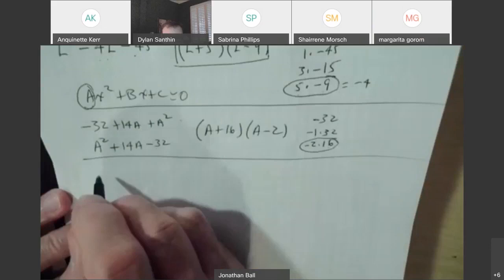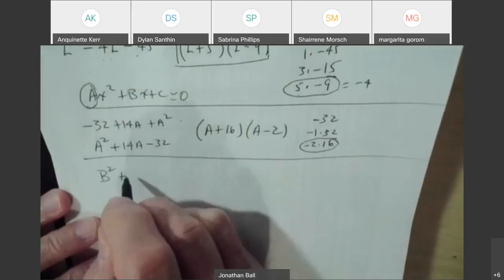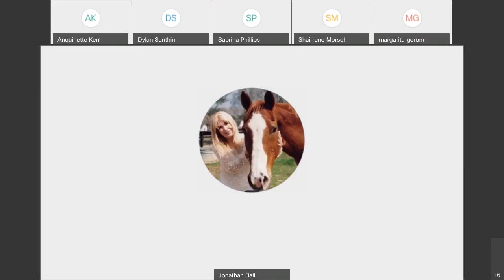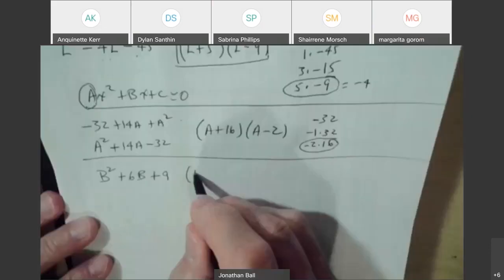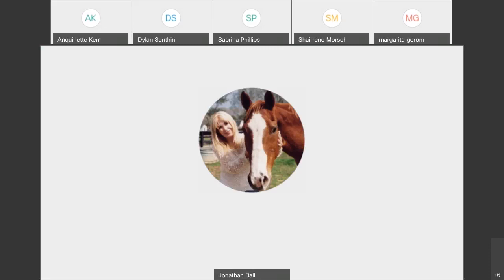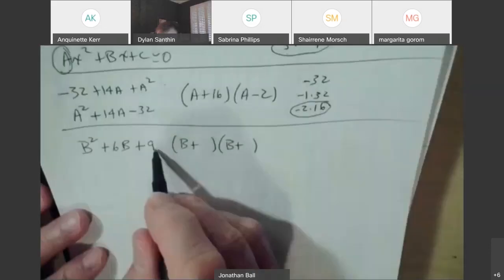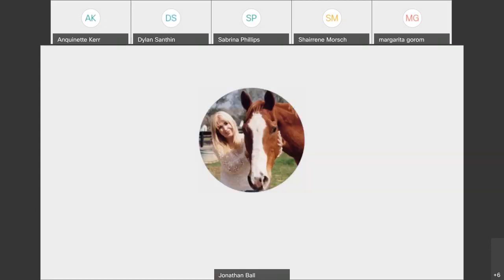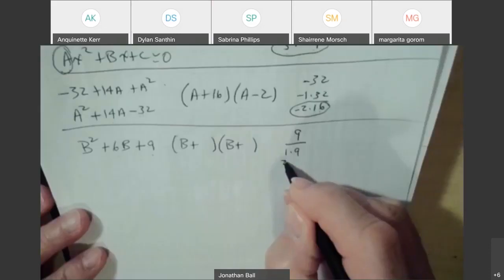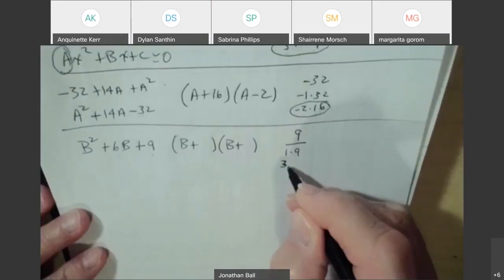b squared plus 6b plus 9. Okay, everything in here is positive. So it's going to be b plus and b plus. Right? Now we want the factors of 9 that add up to 6. 1 times 9, and 3 times 3. 3 plus 3 is 6.